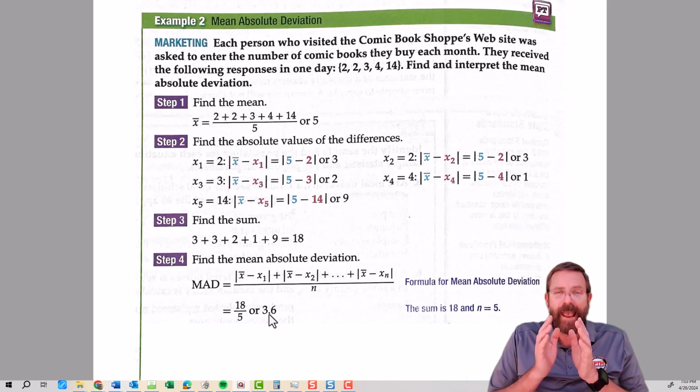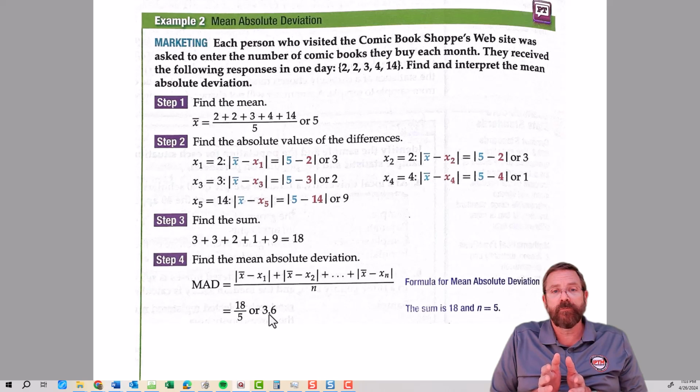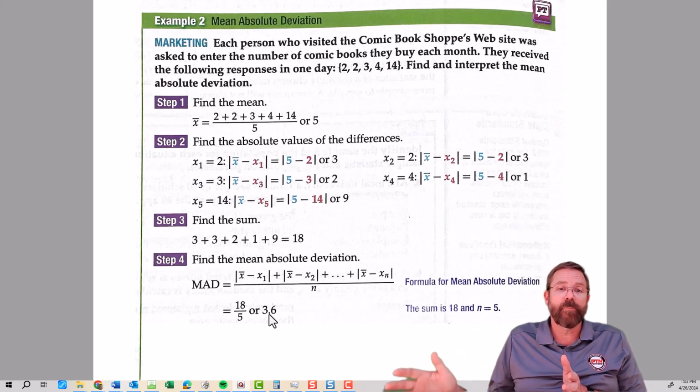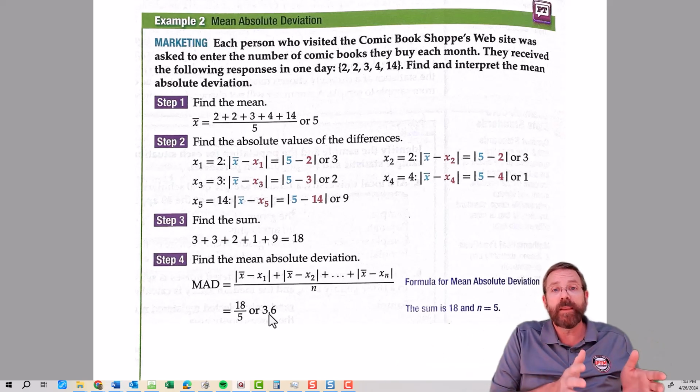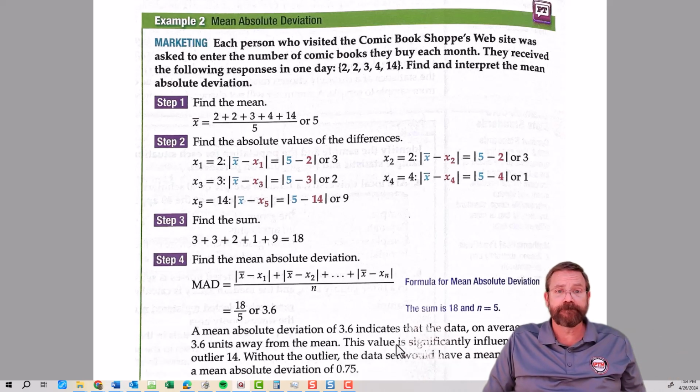So on average, the number of comic books that are bought by each individual are within 3.6 units of the mean, which was 5. That's not really close. It really isn't. The mean absolute deviation was 3.6, which indicates the data on average are 3.6 units away from the mean.